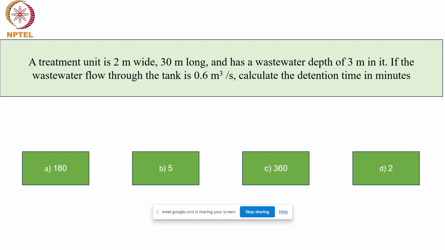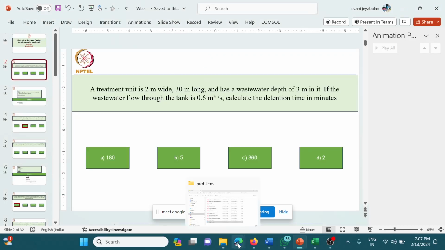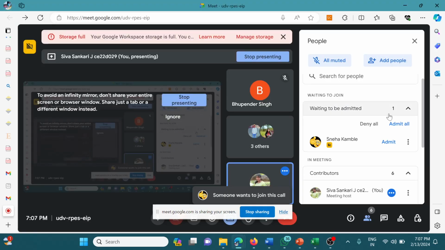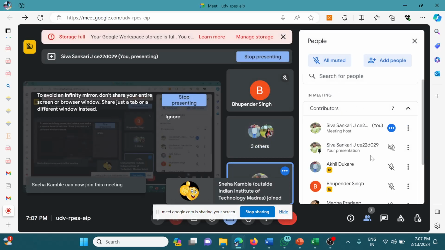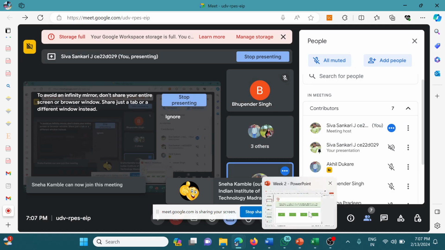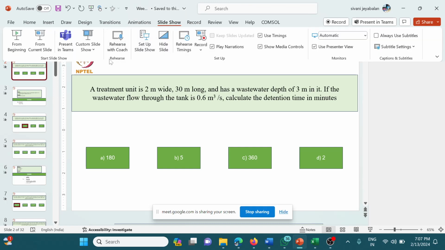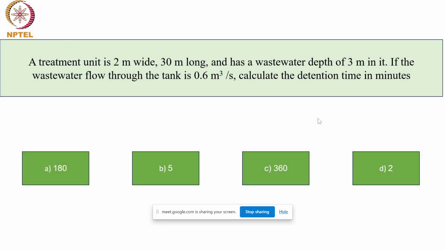Does anyone know what is the formula that relates the flow, volume and time? Okay, then I will tell the formula.